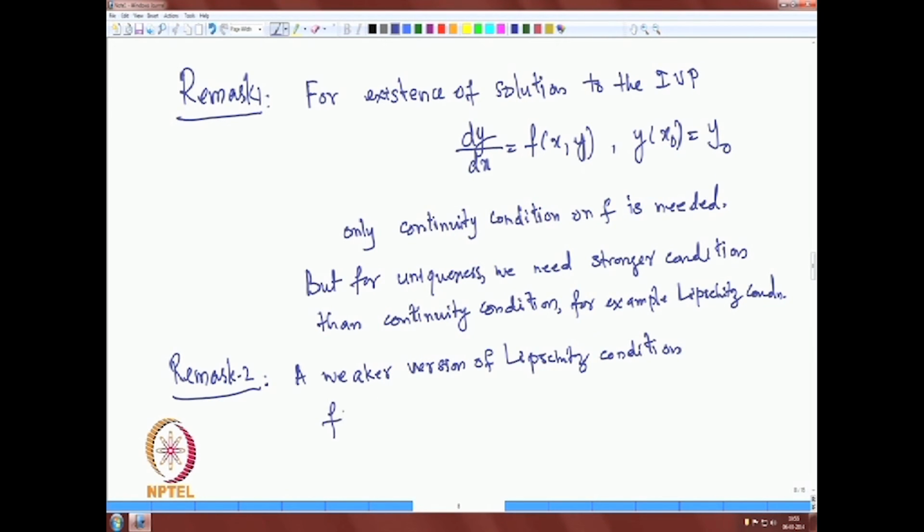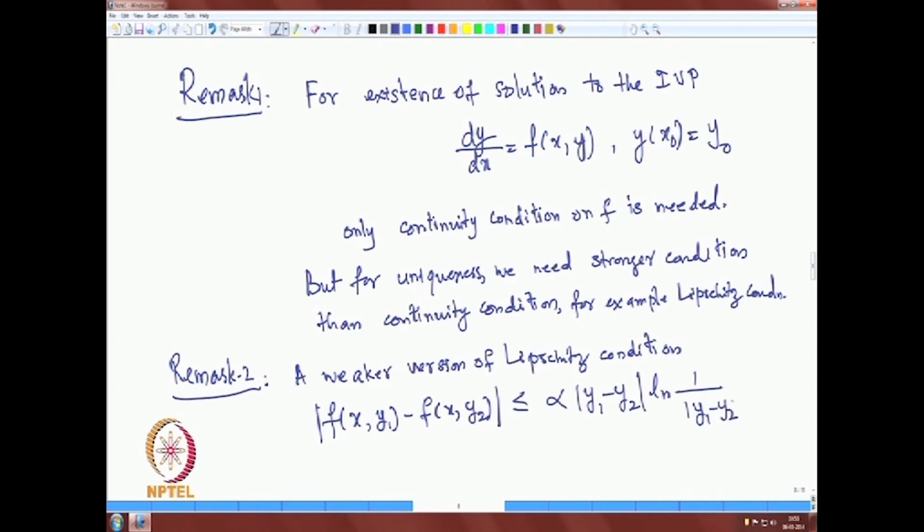Say it is something like the absolute value of f of x, y1 minus f of x, y2 is less than or equal to some constant alpha times the absolute value of y1 minus y2. This is the Lipschitz condition, but this is replaced by a times ln of 1 by the absolute value of y1 minus y2.